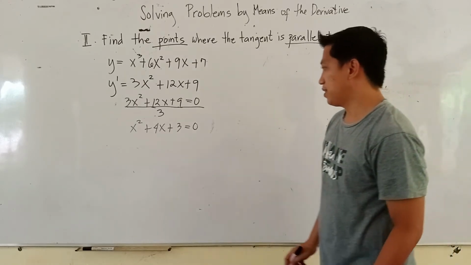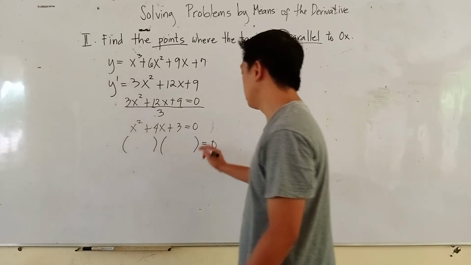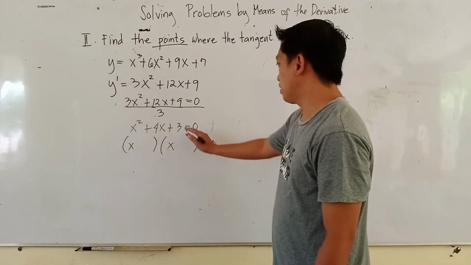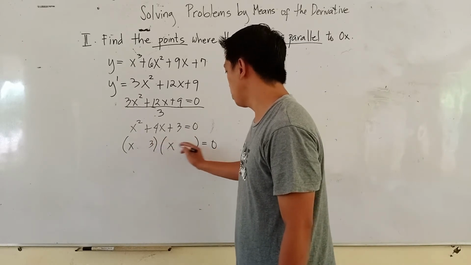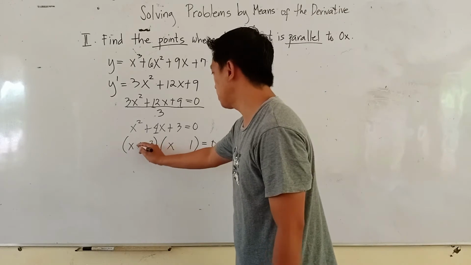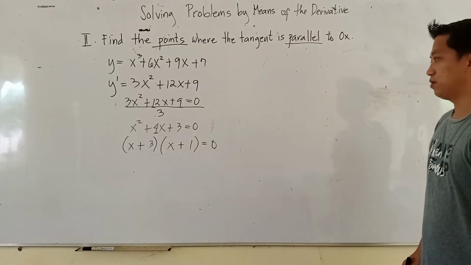So next, we're going to factor this. The factor of x squared is x times x. The factor of 3 is 3 times 1. We're going to add 3 plus 1, that is 4. So the factor is x plus 3, x plus 1 equals 0.